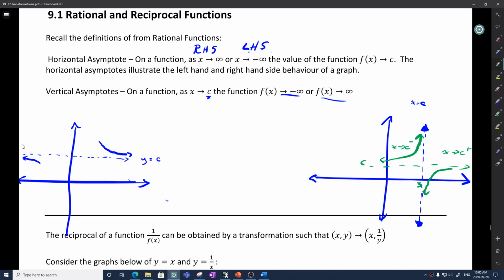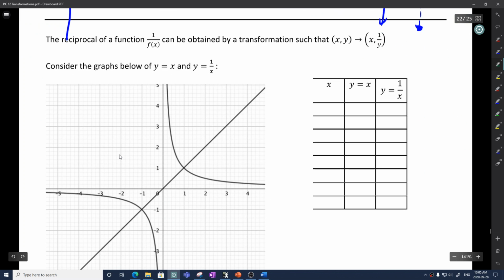All right, let's take a look at perhaps why we're dealing with this. A reciprocal function, 1 over f of x, can be obtained by a transformation such that a point (x, y) on the graph y is equal to f of x gets transformed into y is equal to 1 over f of x.